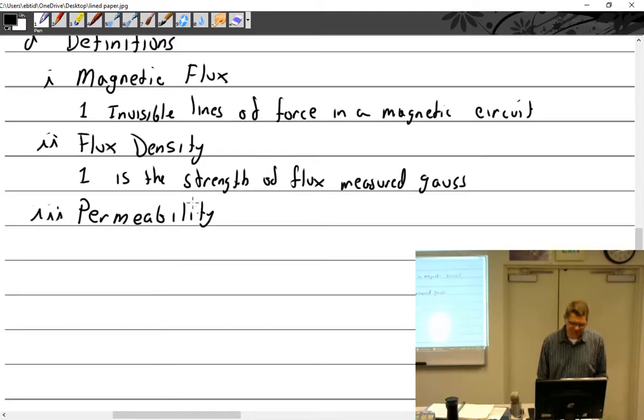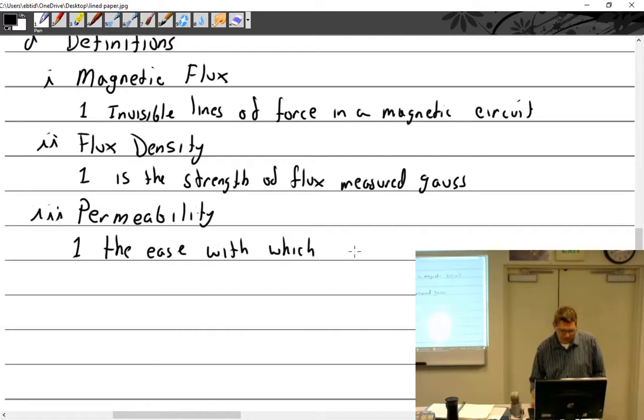All right, permeability. What is permeability? How easily you can handle it. This is going to be another important thing. It's the ease with which magnetic lines of flux are established in a given material.